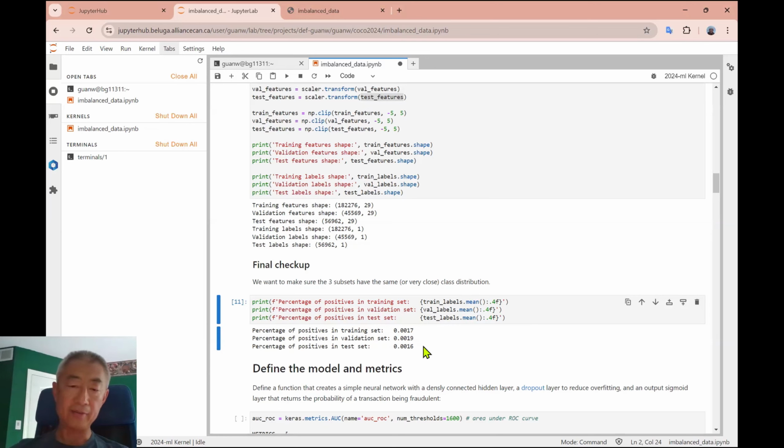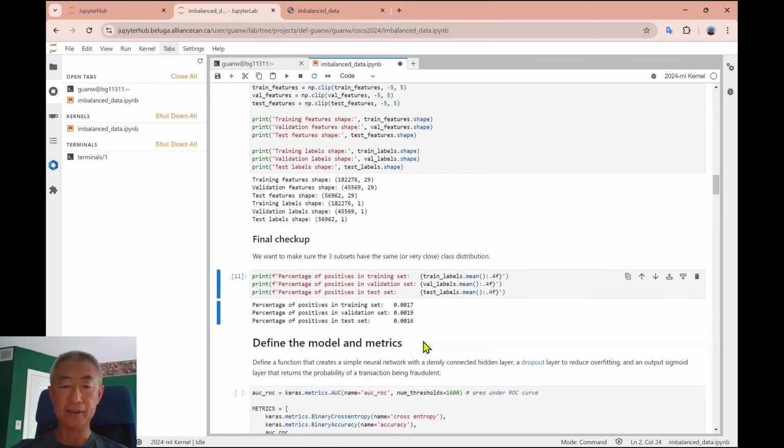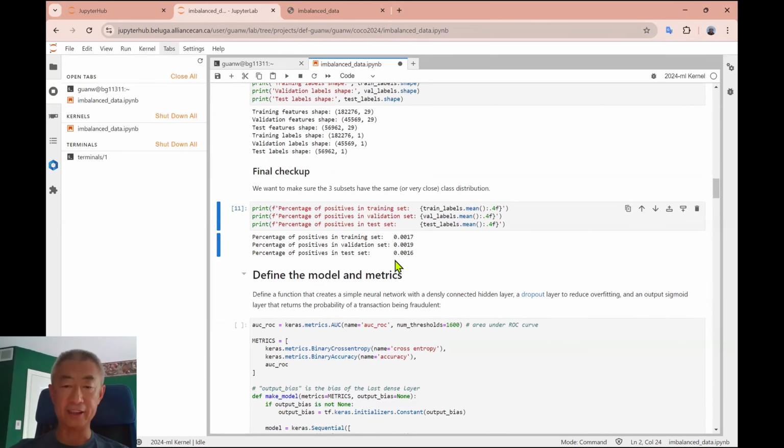So that means out of 1,000 samples, we expect to have 1.8 positive samples, like either 1 or 2. Yeah, that's a ballpark figure of the statistics.